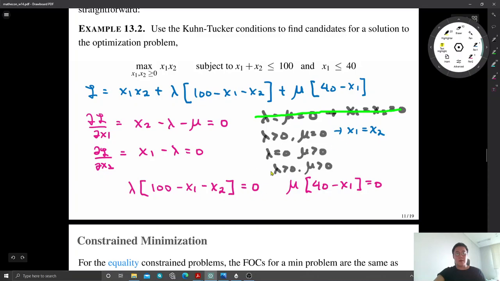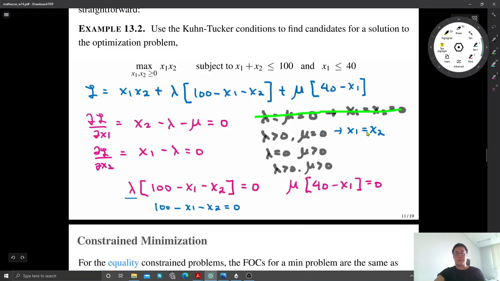Then, if lambda is positive, by the complementary slackness condition, the first constraint must be binding, so 100 minus x1 minus x2 should be equal to 0.